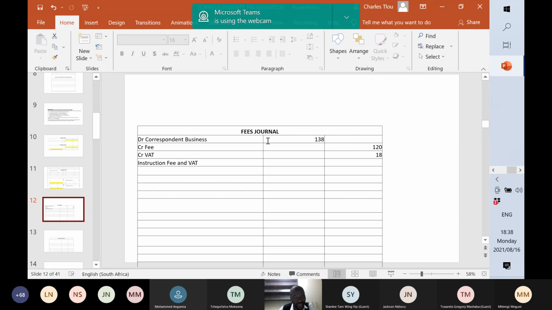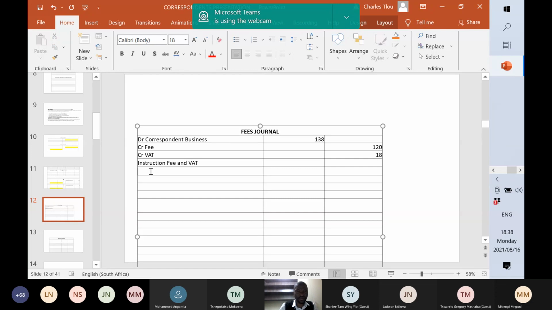Now, I always say, to give an allowance of the initial fee, you need to come here. To make it very simple for you, come here first on the narration part. Because you debited correspondent business 138. Now you want to give something back of this 138. Now, initially you debited. To give something back, it means now you must credit.